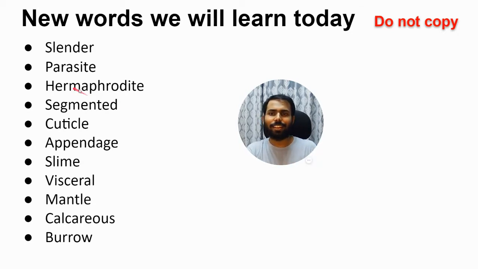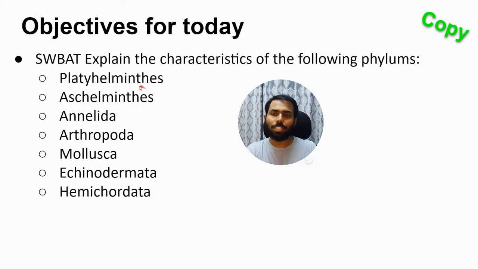Great. So our objective for today is that students will be able to explain the characteristics of the following phylums. All the seven phylums which we're going to see in detail today, you should be able to explain their characteristics. Characteristics mein kya aayega? What are the properties of these animals? How do they look? What are two examples of animals in that particular phylum?